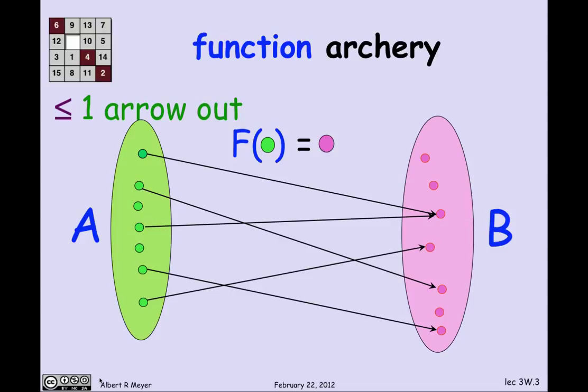So f of green equals magenta, where there is an arrow out of a green element. But in this picture, as is typical, not every domain element, not every green dot, has an arrow out of it. So this would be an illustration of a partial function, where f of a green element isn't always defined if there's no arrow out.